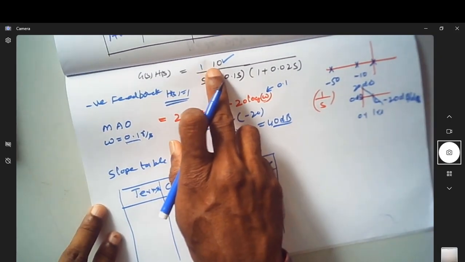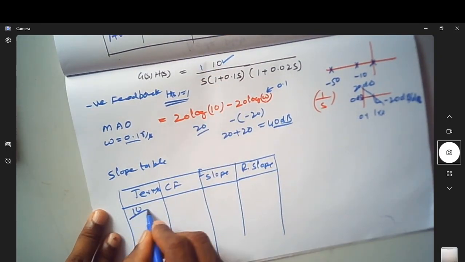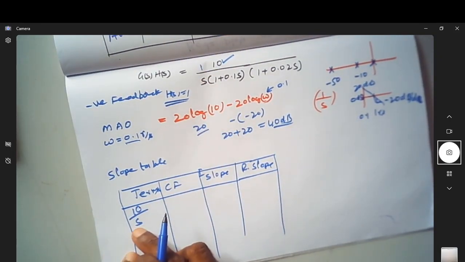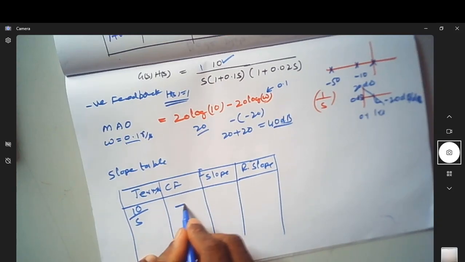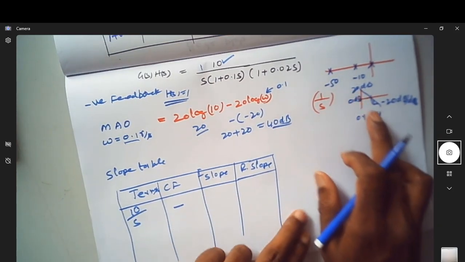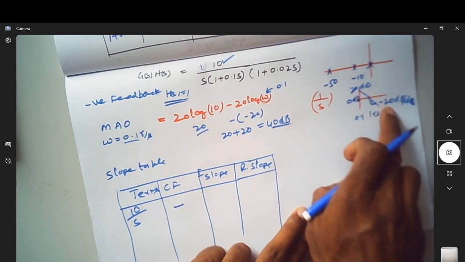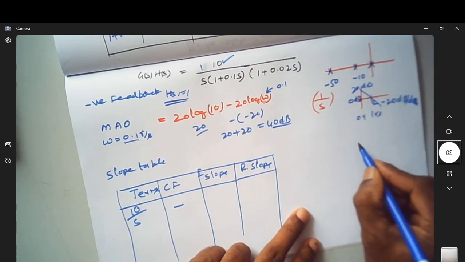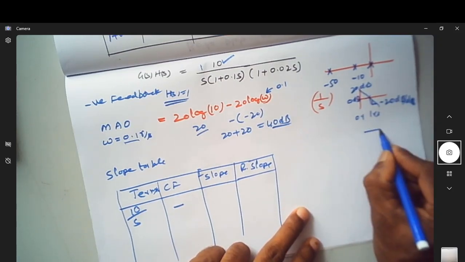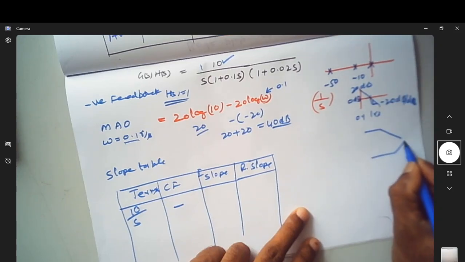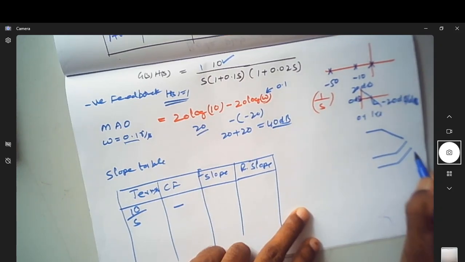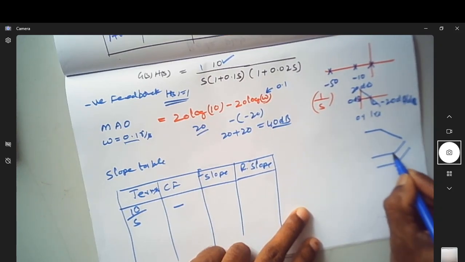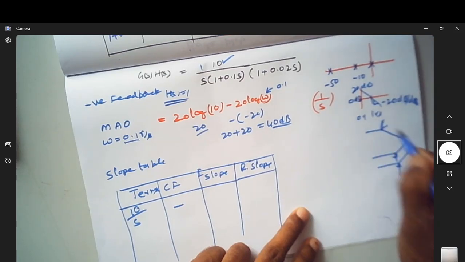So now what is the first term? The first term is 10 by s. So 10 by s will not have a cutoff frequency, because as we saw here, it keeps going like this with minus 20 dB per decade. Cutoff frequency is defined where you have a change in slope. Suppose if it goes like this, then a cutoff frequency is possible.